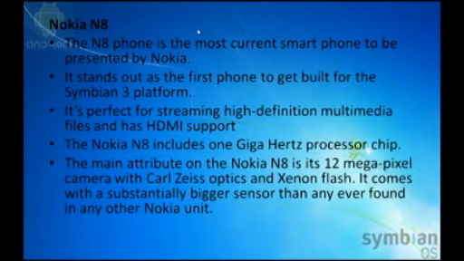The Nokia N8 includes a 1 GHz processor chip and support for multi-touch input. The main attribute of the Nokia N8 is its 12-megapixel camera with Carl Zeiss optics and xenon flash. It comes with a substantially bigger sensor than any ever found in any other Nokia unit.